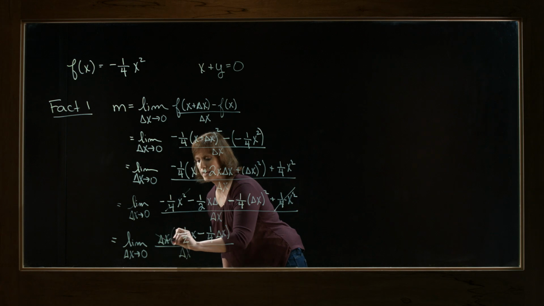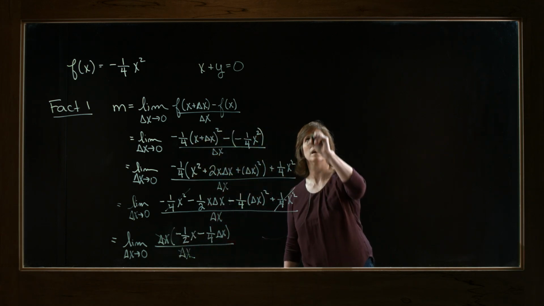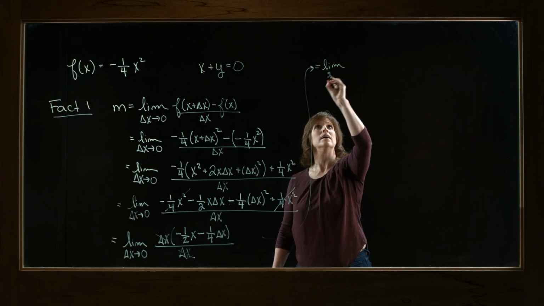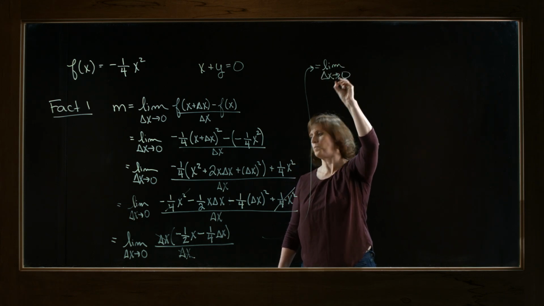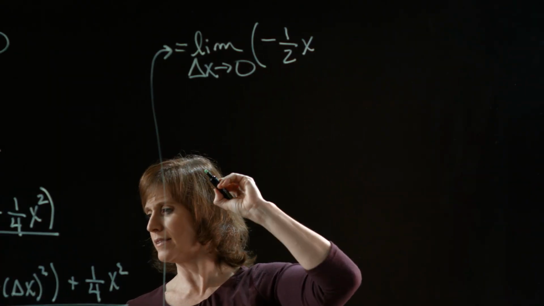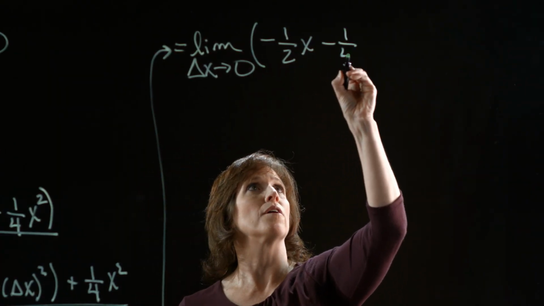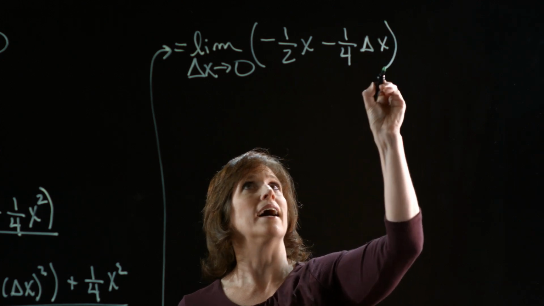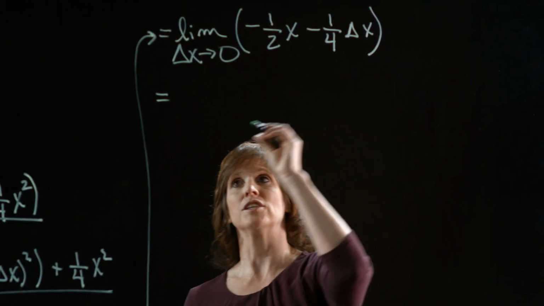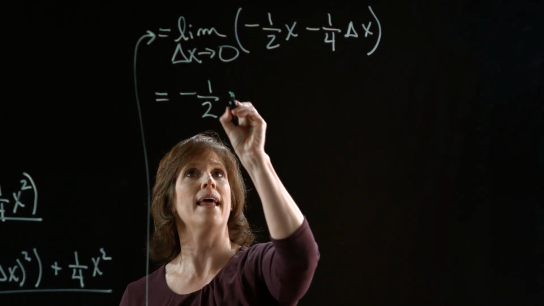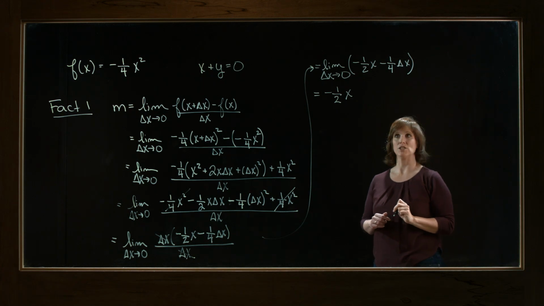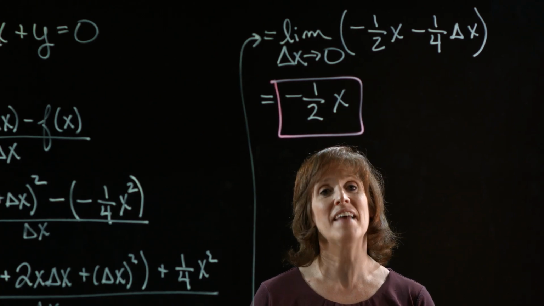I can now cancel my delta x's, and I have the limit as delta x approaches 0 of -1/2 x minus 1/4 delta x. And as delta x approaches 0, this expression approaches -1/2 x. Okay? So that's the slope of my tangent line at any point. And that's fact 1.